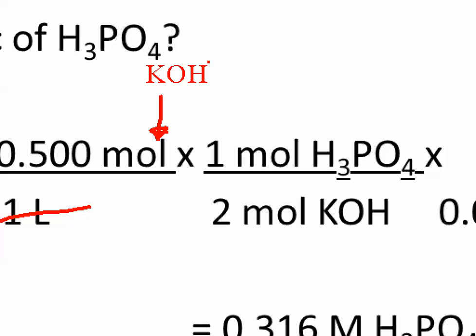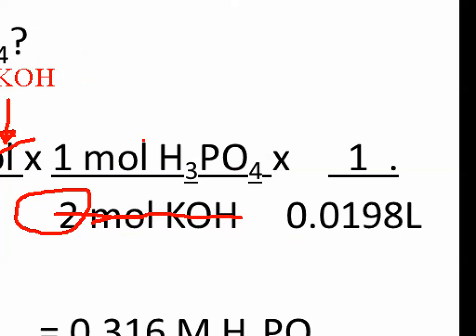I should have put that there. And so the moles of KOH here cancel with the moles of KOH there, not the 2. This 2 is still important. Then you can see that the moles of H3PO4 would cancel. Oh, no, sorry, that would not cancel. Okay, that would not cancel.